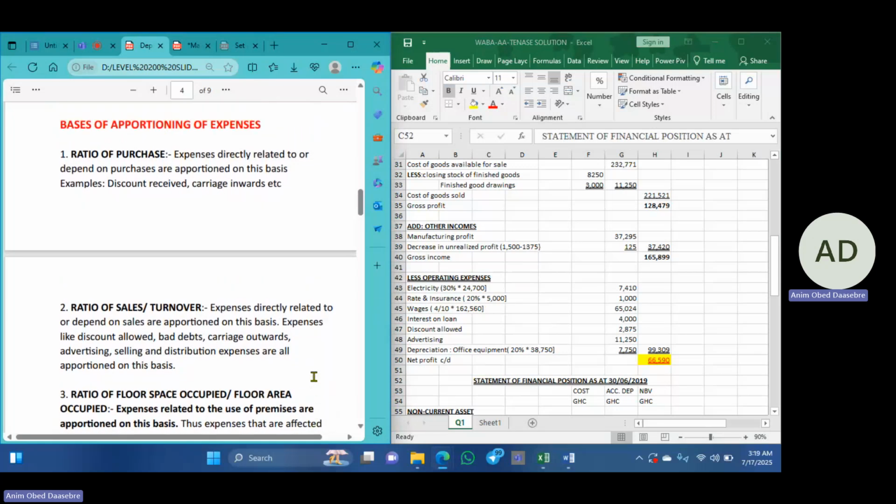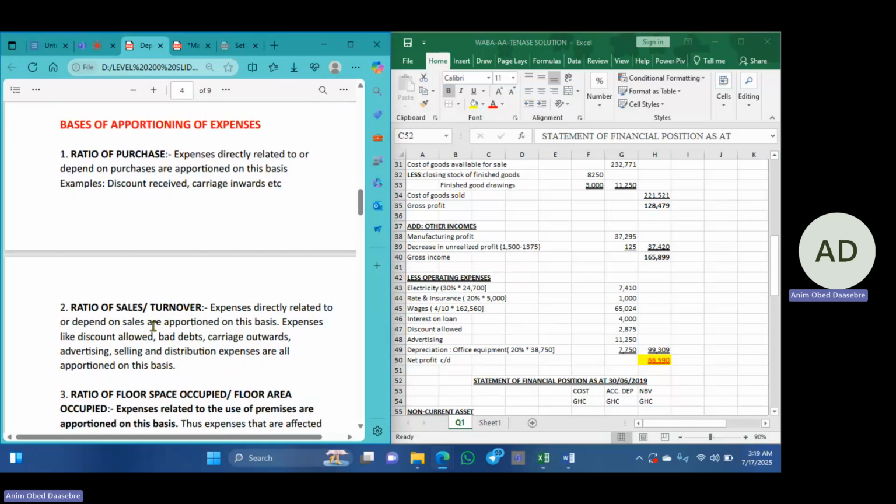So when the item that we are going to apportion is purchases related, for example, discounts received, carriage inwards, these are expenses that are related to purchases. And if there is also bad debt, selling and distribution expenses, discounts allowed, they are related to sales.